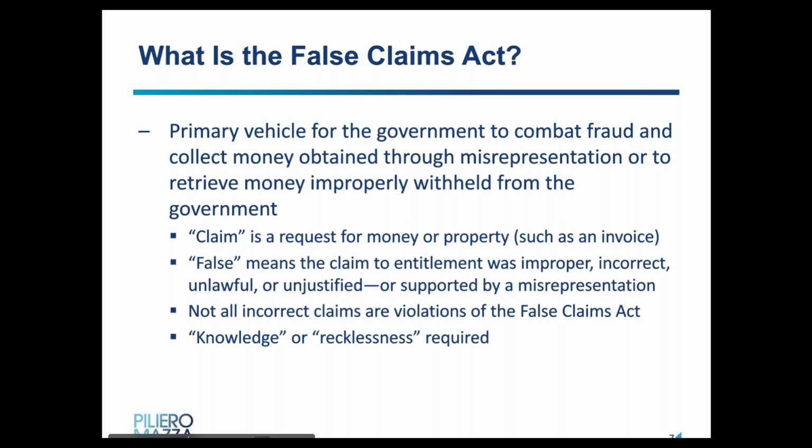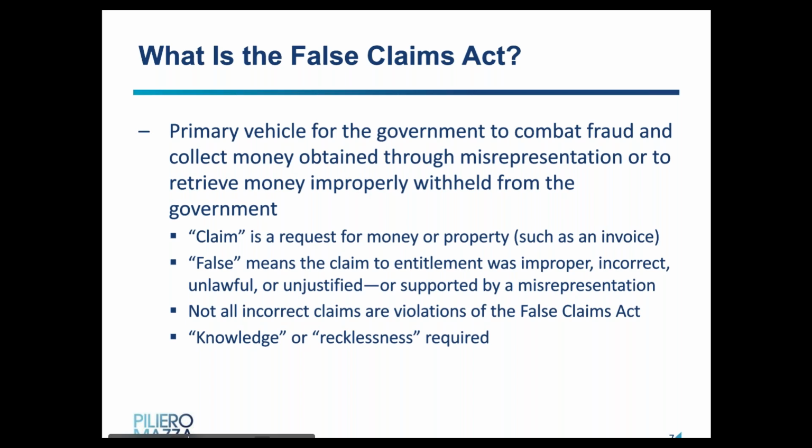But not all incorrect claims amount to violations of the False Claims Act. A negligent request for money or a simple mistake in following a regulation or a statutory scheme that applies to you is not necessarily a False Claims Act violation.